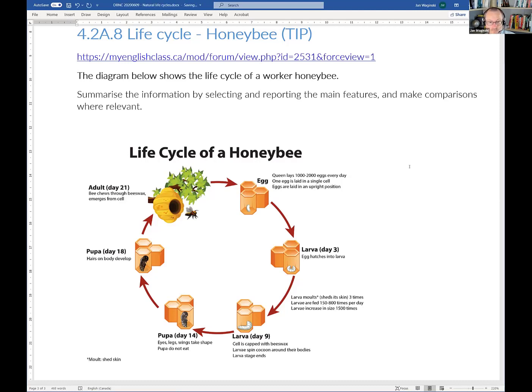Process? No. Chart? No, it's not a chart. This one's not a chart anyway. The picture, you can say that. Picture? Illustration. Illustration.